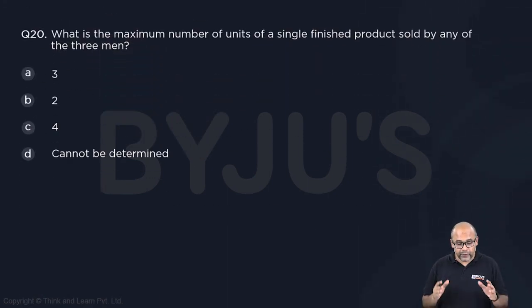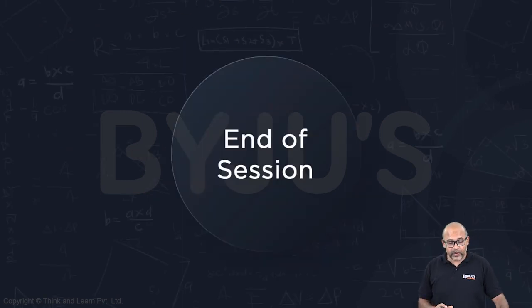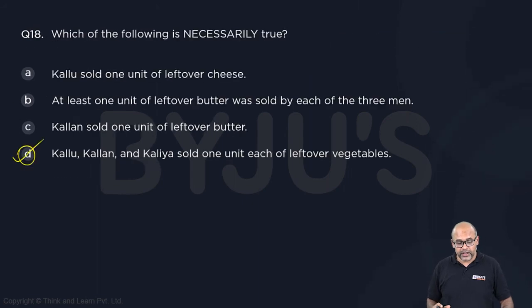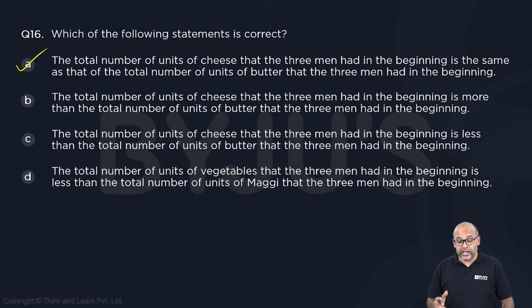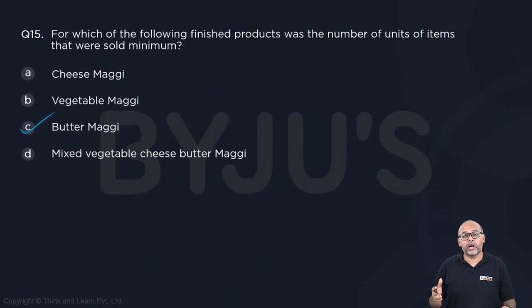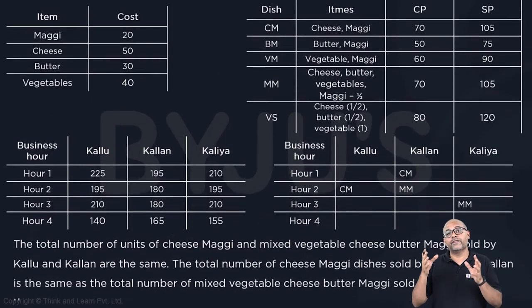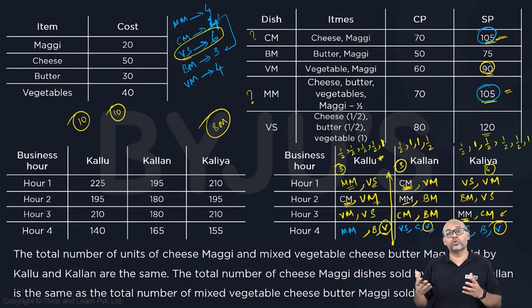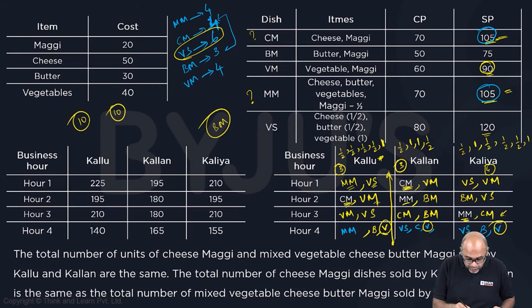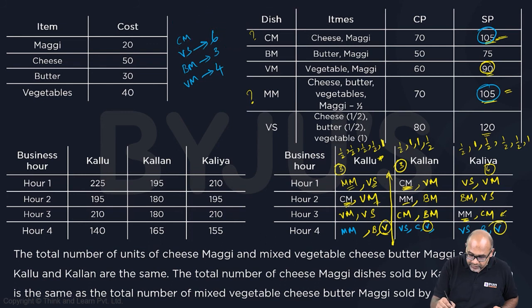And finally, what is the maximum number of units of a single finished product sold by any of the 3 men? So if I look at each one of the 5, I'm supposed to count all the 5 for the 3 men and see who sold the highest. So if I do that, and if I erase this part, now that's the last question, so I don't need all of this.